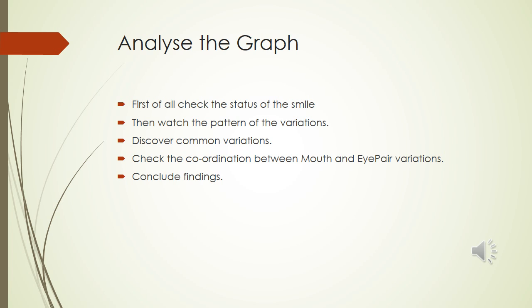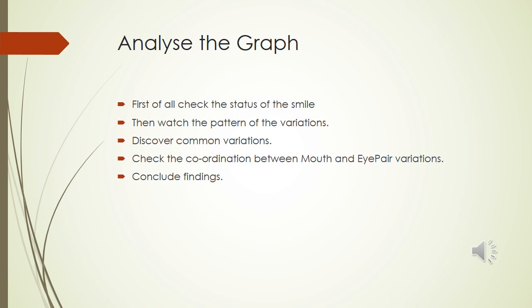This is the key part of the system, analyzing the graph. In order to analyze the graph, the more results we have, the more findings there will be that can help really differentiate between fake and genuine smiles. At this moment, I only have 10 different smiles that I have gone through.